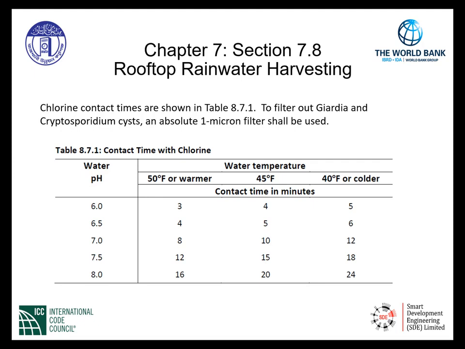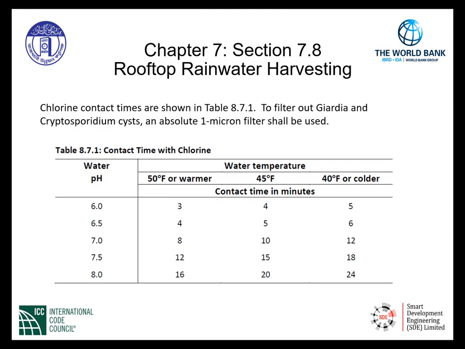Table 8.7.1 indicates in the first column the water pH value. As you know, 7 is neutral. Anything below is acidic, and anything above 7 is alkaline or basic.